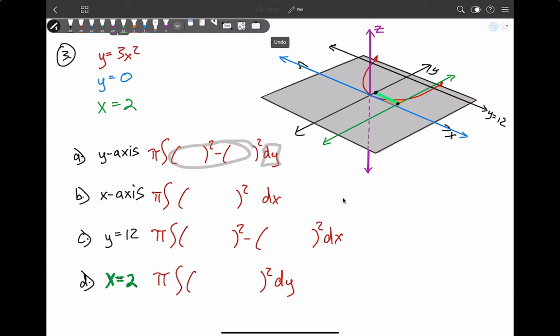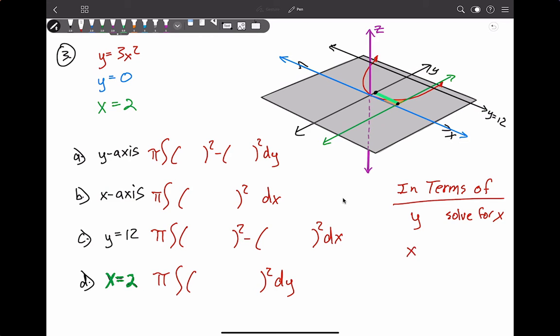So let me write this down real quick so that you understand. In terms of y, we're going to solve for x. That means get x alone. In terms of x, that means we're going to solve for y.